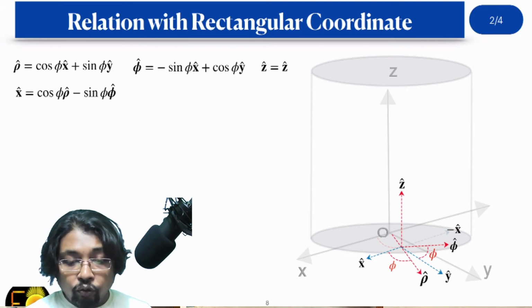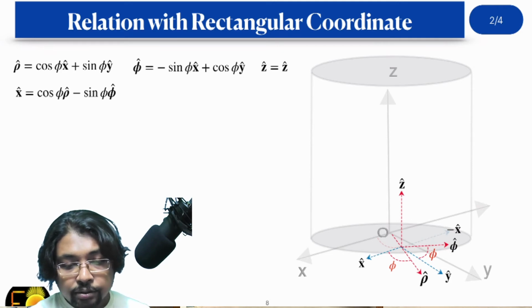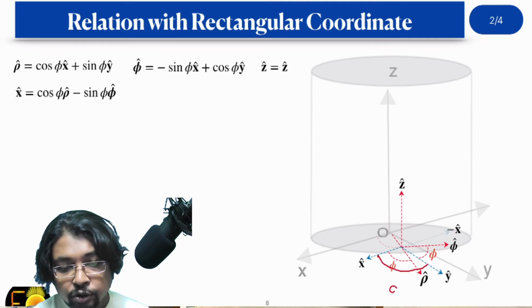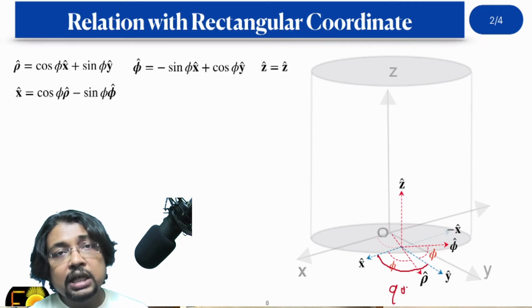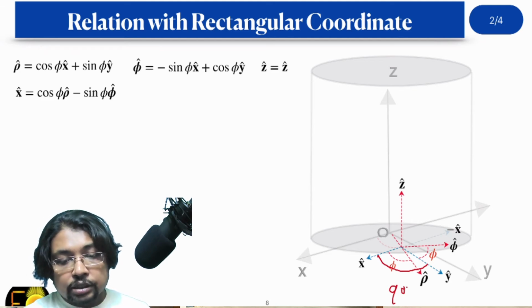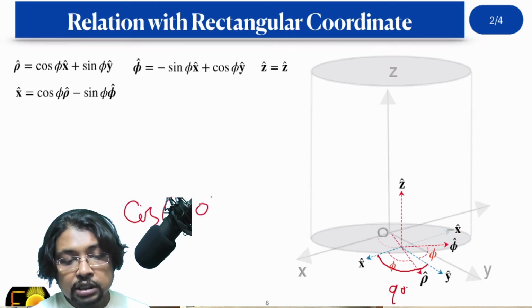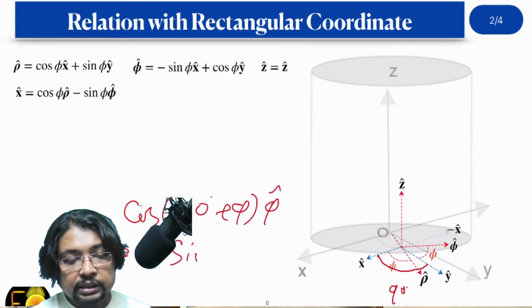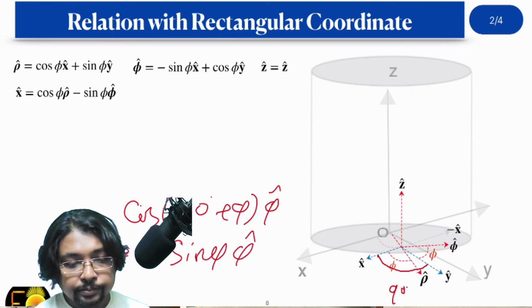But when you align this phi direction with the x cap, because the angle between the y and x is equals to 90 degree, the phi is 90 plus phi angle away from this x-axis. So therefore you need to write cos of 90 plus phi, phi cap, and that is equals to minus sine phi cap, and that is the thing I have included over here.